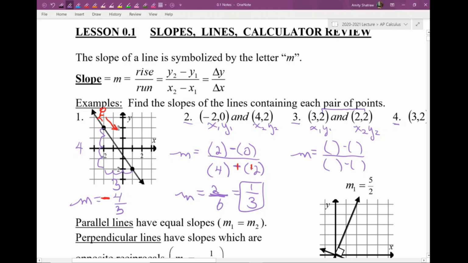So let's see. It turns out the y values are the same, and so 2 minus 2 gives me a 0. And if I want to be lazy and I don't want to do the bottom, I don't have to, because 0 divided by any number is 0. And remember, in the freestyle, we talked about how this is a horizontal line.